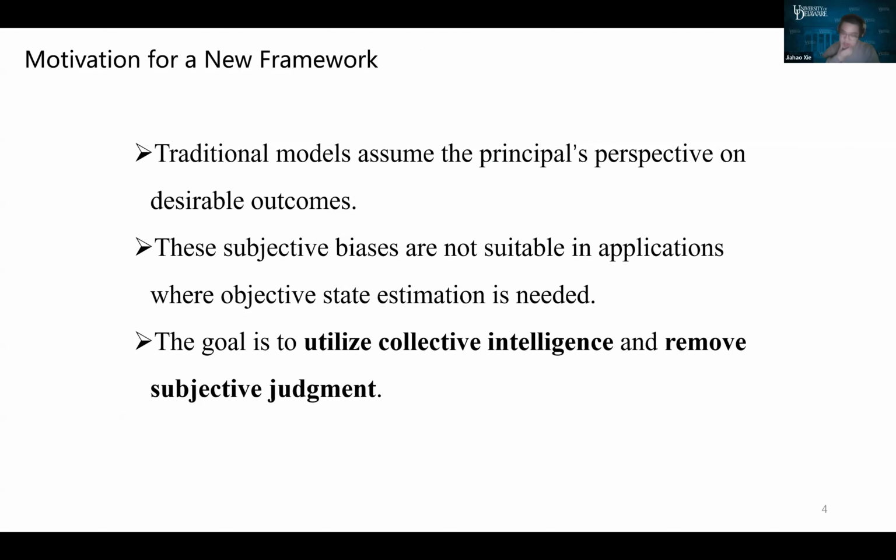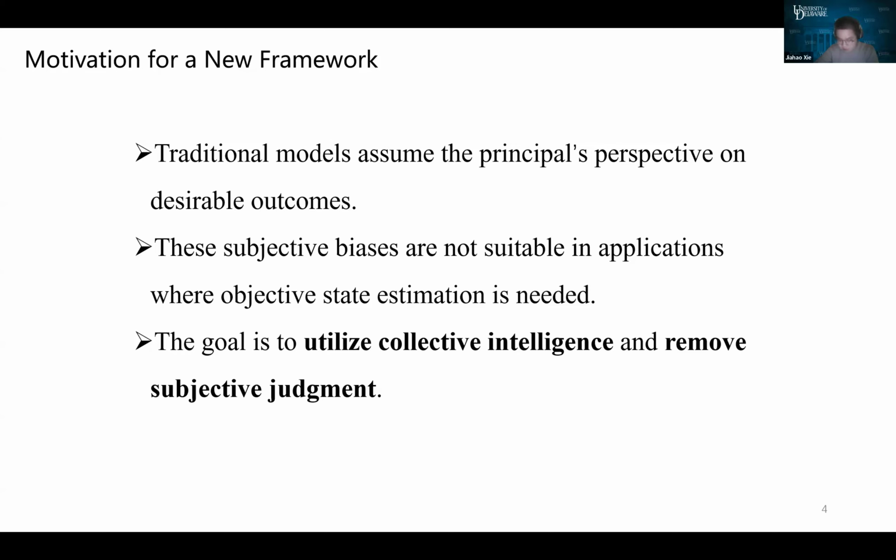So, given these challenges, we need a new framework for inverse optimization that can reduce subjectivity and provide more objective results. The main goal is to create a system that doesn't rely on the principal's personal choices or preferences.